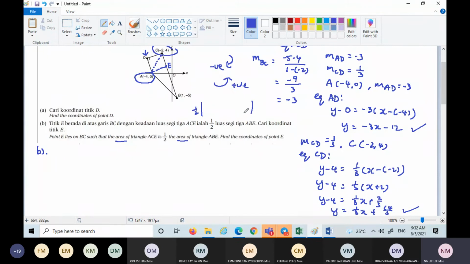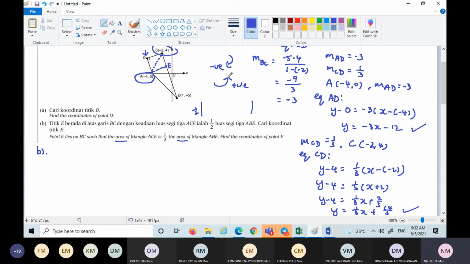So if you still want to use this method, arrange the points in this way, anti-clockwise, so you know your answer is positive already, settled. At the end, don't be unsure whether it is positive or negative. If you arrange the points AEC anti-clockwise, you know the area is positive.